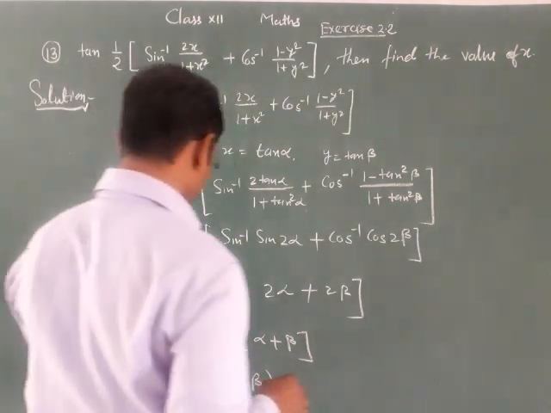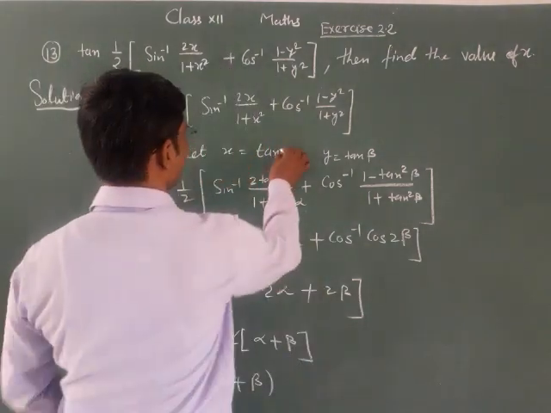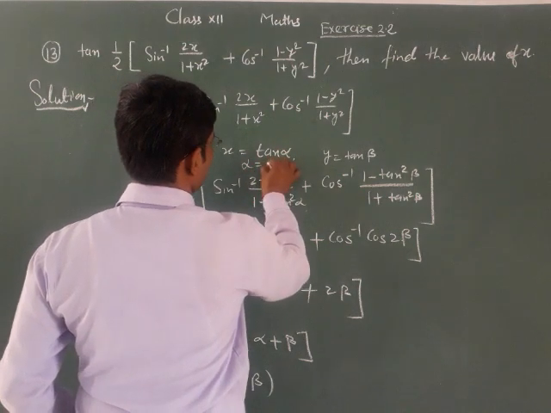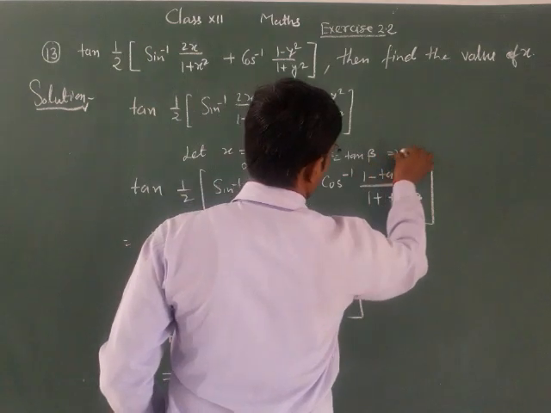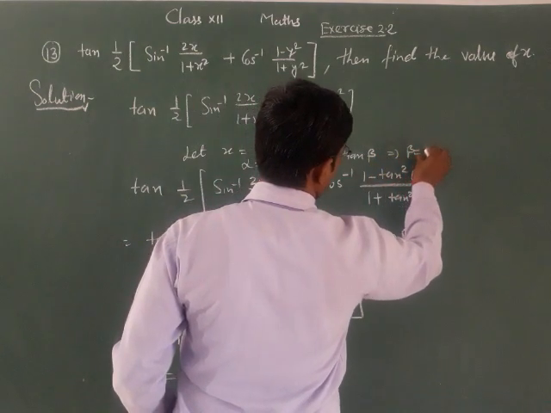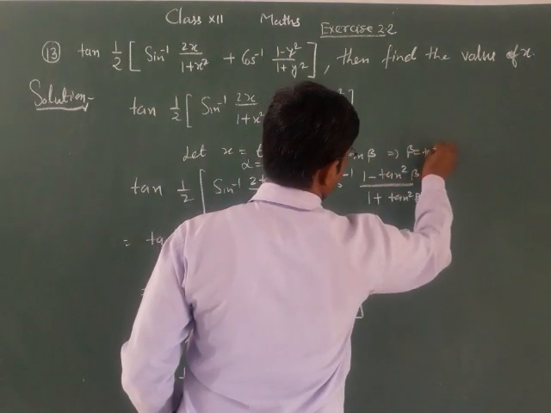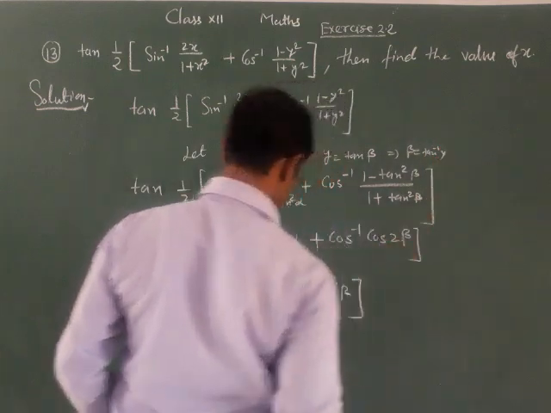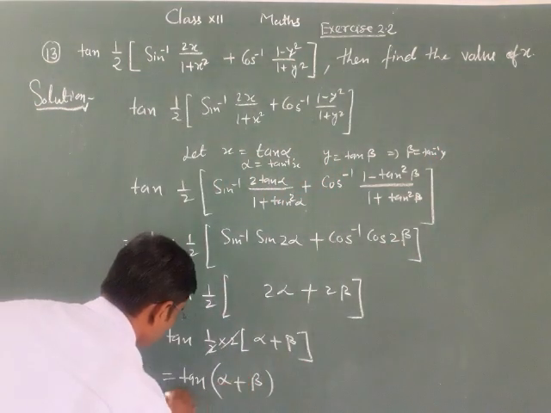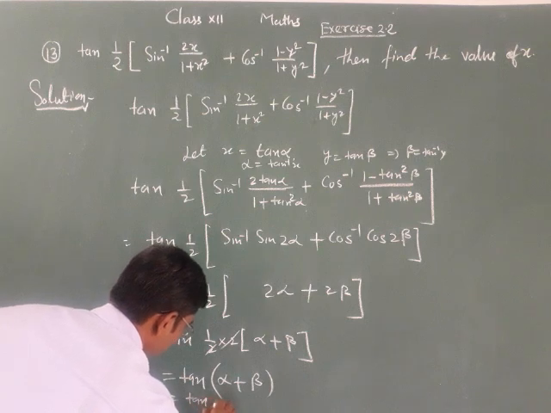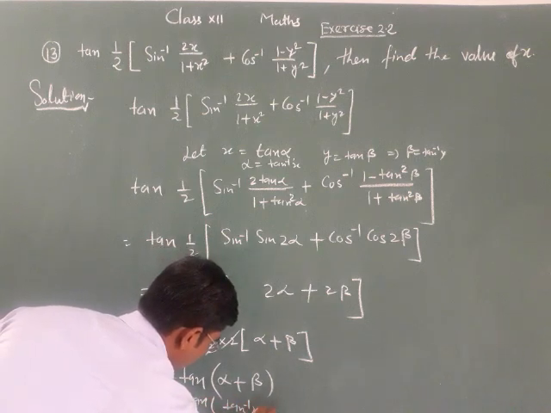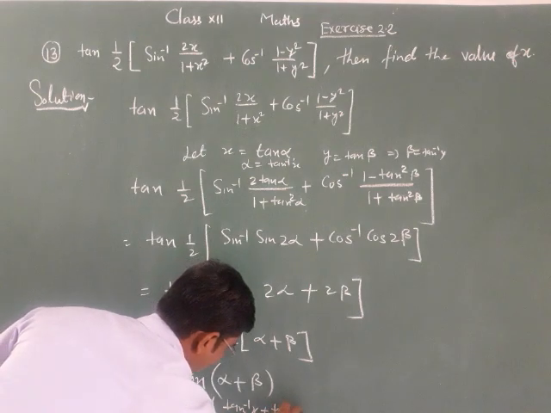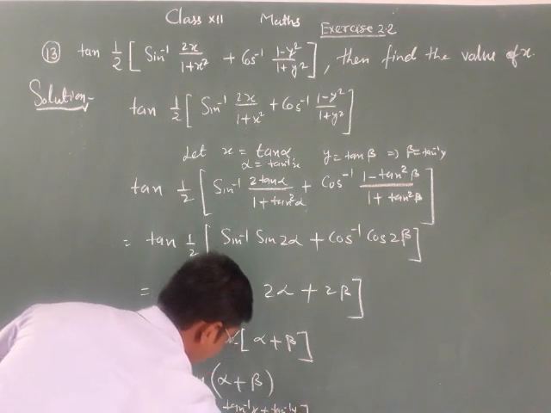So now tan(α + β), where α is equal to tan⁻¹x and β is equal to tan⁻¹y. Now put in tan⁻¹x + tan⁻¹y.